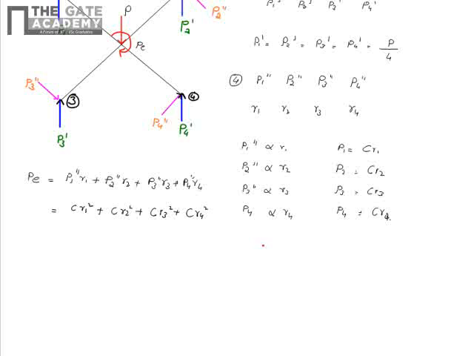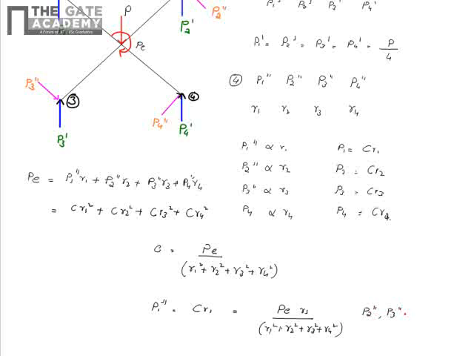Otherwise, we will go ahead with the same thing. So, we get C equal to PE divided by R1 square plus R2 square plus R3 square plus R4 square. So, what will be P1 double dash? P1 double dash is equal to C into R1, that is equal to PE R1 divided by R1 square plus R2 square plus R3 square plus R4 square. Similarly, we can get P2 double dash, P3 double dash and P4 double dash.